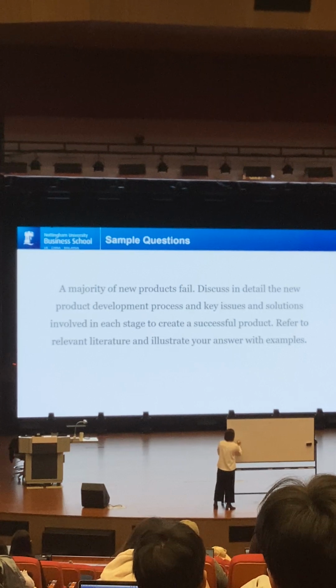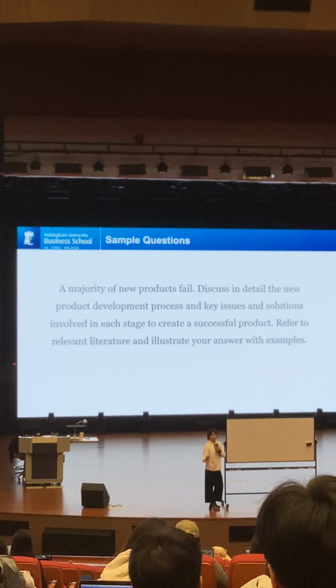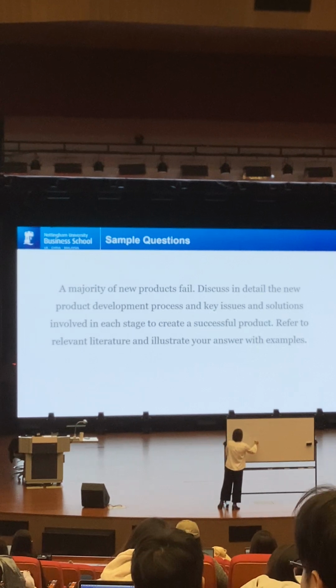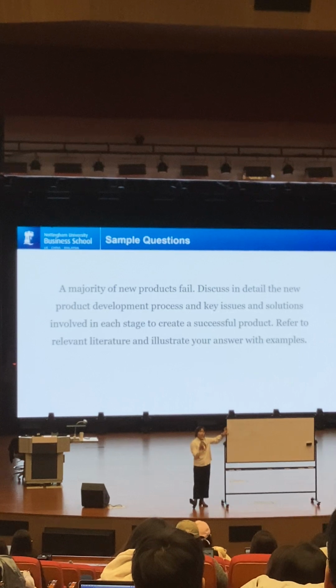Second part, issues. And use one linking sentence. That would be the best case. So let's say, okay, all the process steps are listed out in the first section.